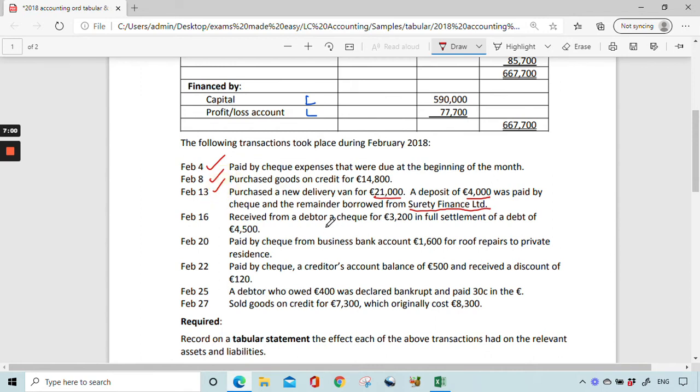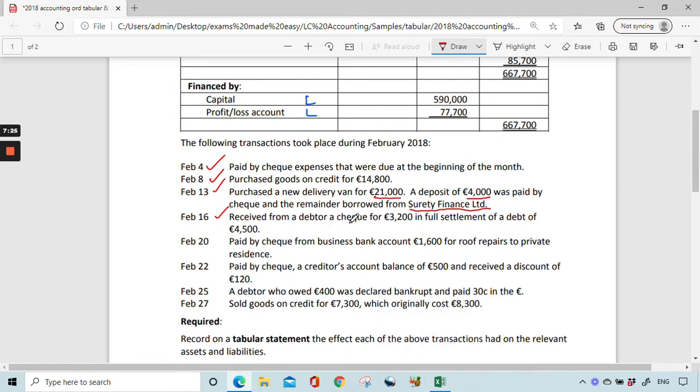February 16, received from a debtor a cheque for 3,200 in full settlement of a debt of 4,500. So you were owed 4,500, you accepted 3,200, so you have given them a discount of 1,300, which will reduce your profit and loss by 1,300.